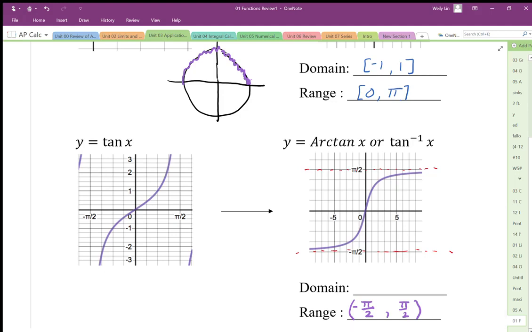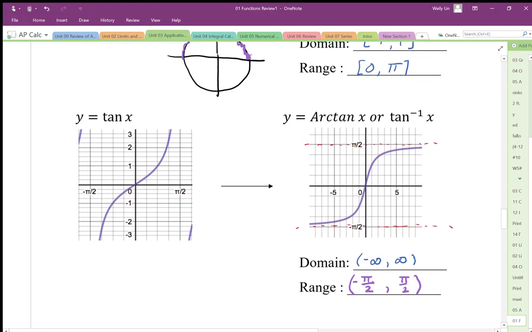The range here was all real numbers, so the domain of arctan can stay as all real numbers, from -infinity all the way to +infinity. So we can input any ratio and it will relate to some angle. Now the angles are restricted though, and it's not the whole circle anymore.